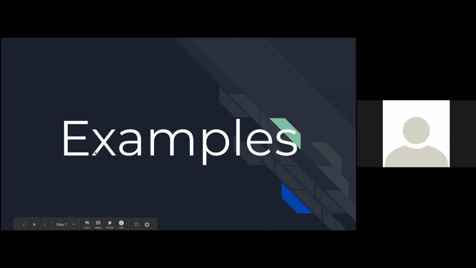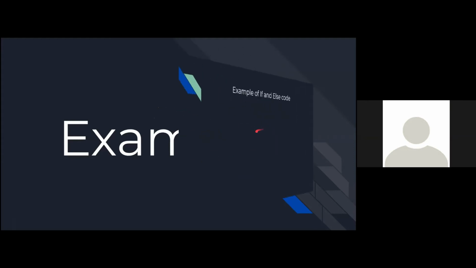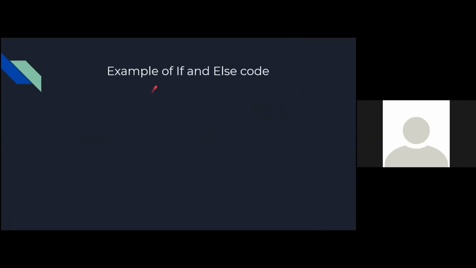Now we're gonna move on to examples because you need to actually see code in action. First we're going to do example of if else code. For the first thing, it's obvious you need a fact, like a statement, because without facts there's no conditions.